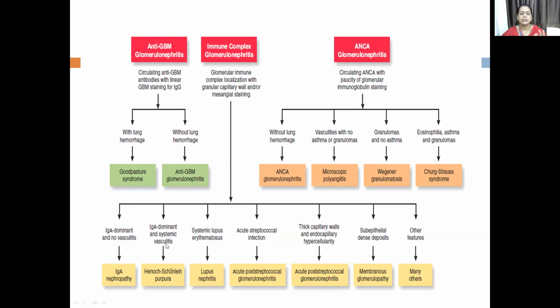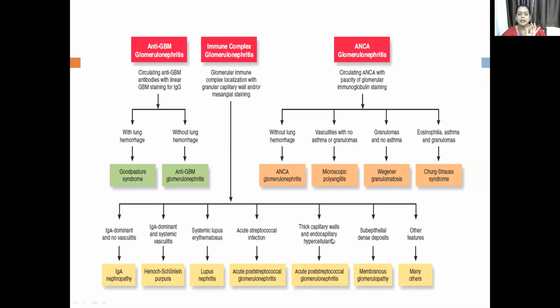IgA dominant including systemic vasculitis is Henoch-Schönlein purpura. SLE, the inciting agent is usually endogenous DNA, and fragments of it cause lupus nephritis. Immune complex formed by acute streptococcal infection is known as acute poststreptococcal glomerulonephritis, which we have just discussed.